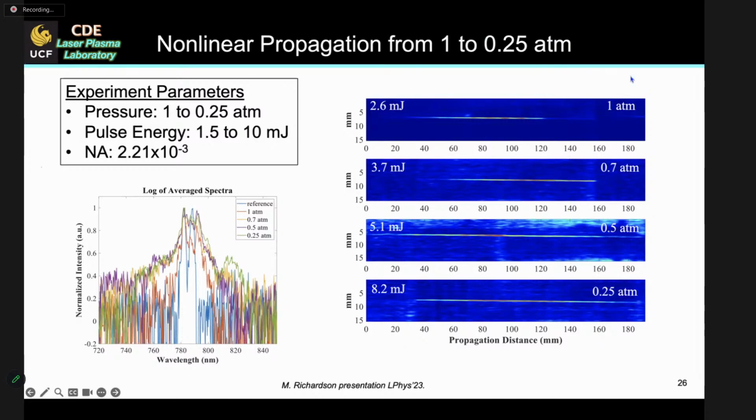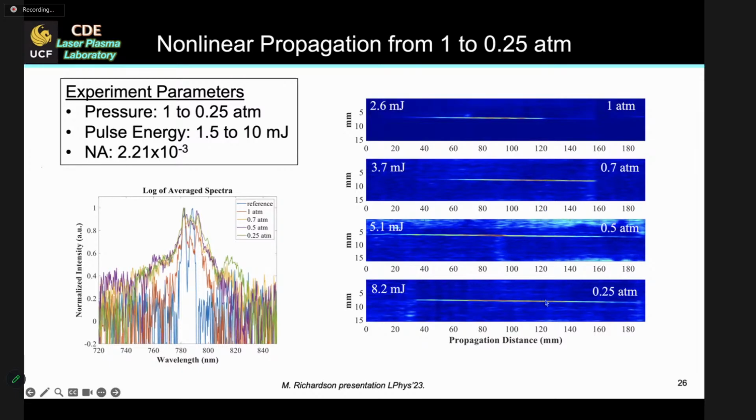If I can, I've been unable to get rid of a subscreen here. But on the right-hand side, you can see the photographs of the filament. This is the characteristic nitrogen emission from filaments that we observe for single energy, single filaments at different pressures.